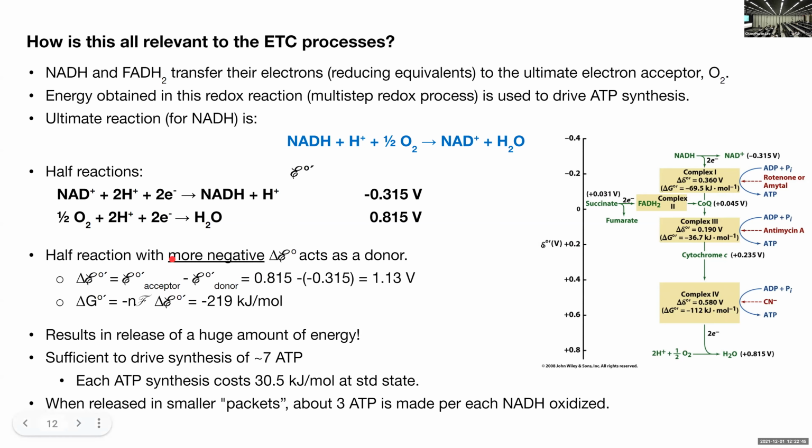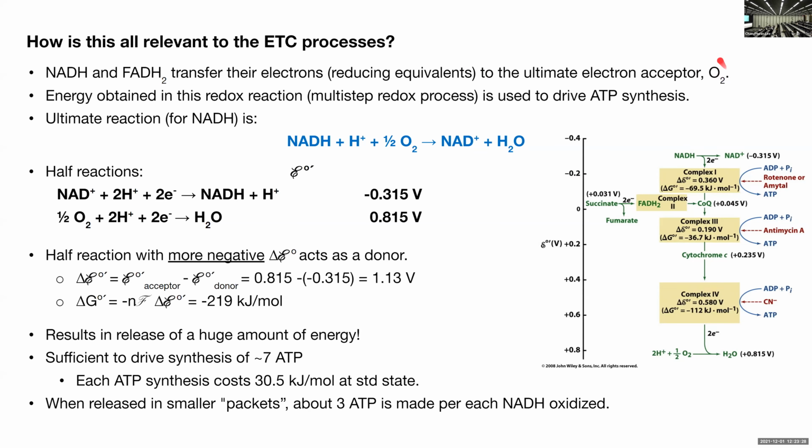All right. So we just talked about these kinds of energy changes and getting the delta G value from the delta E value, which is the reduction potential, and so on. Now we want to look at how it is actually applied and how it is relevant to the actual process that happens in the electron transport chain in the mitochondria for generating energy. So it's about using NADH and FADH2, which are coenzymes, to transfer electrons ultimately to the electron acceptor, which is molecular oxygen in the mitochondria.